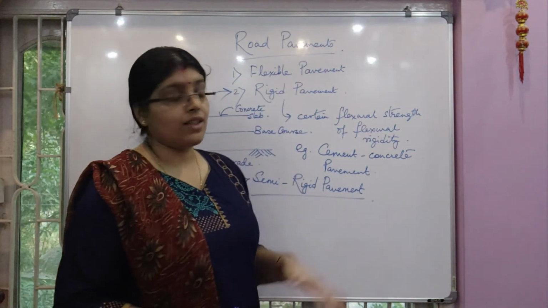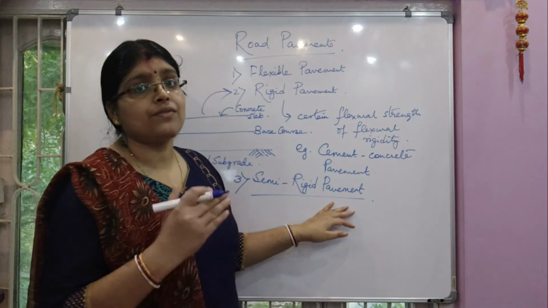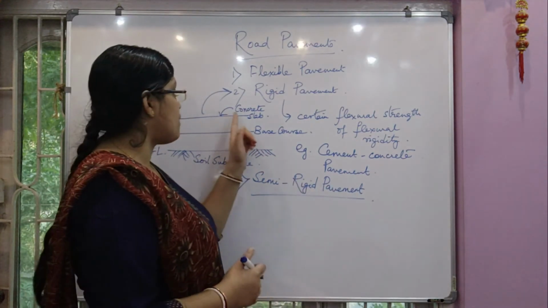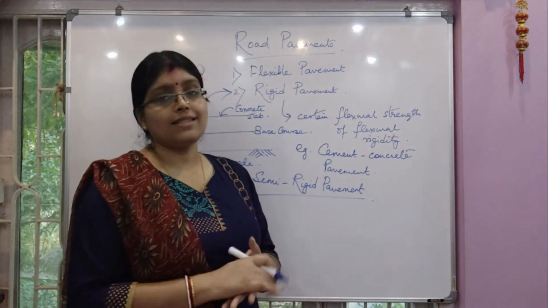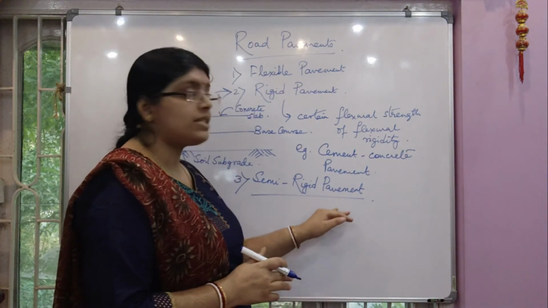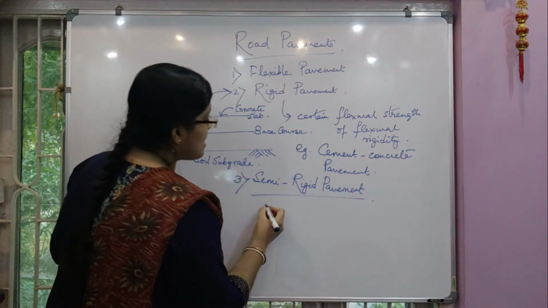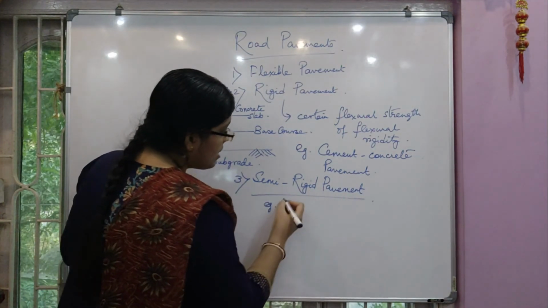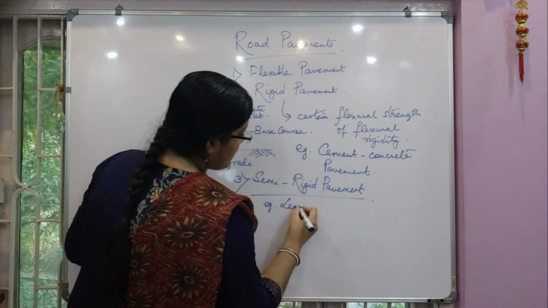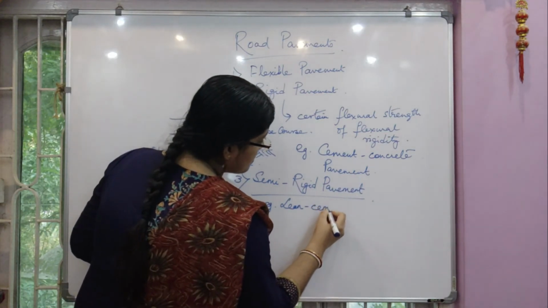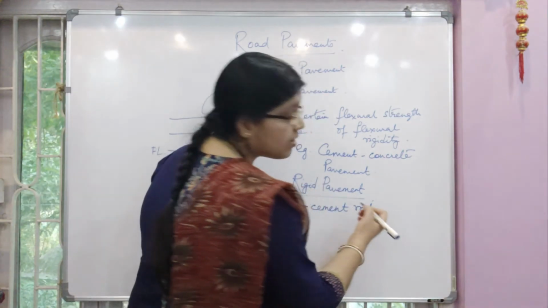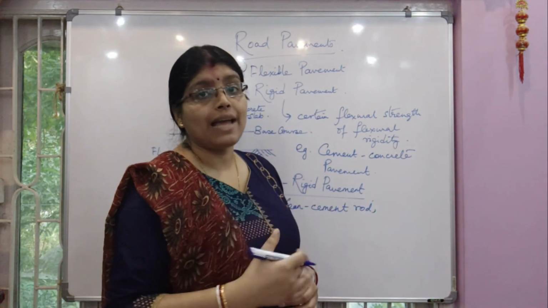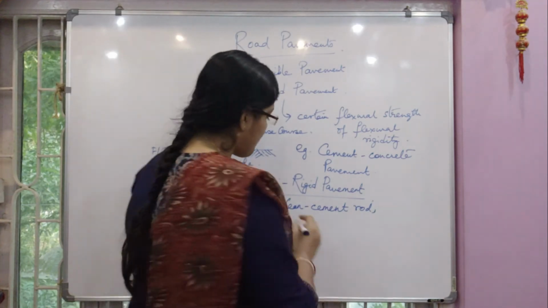The flexural strength of a semi-rigid pavement is very much lower as compared to that of a concrete slab, that is in the case of a rigid pavement. Let us see some of the examples of semi-rigid pavement. So, examples of semi-rigid pavement are lean cement construction, soil cement and lime pozzolanic concrete construction.